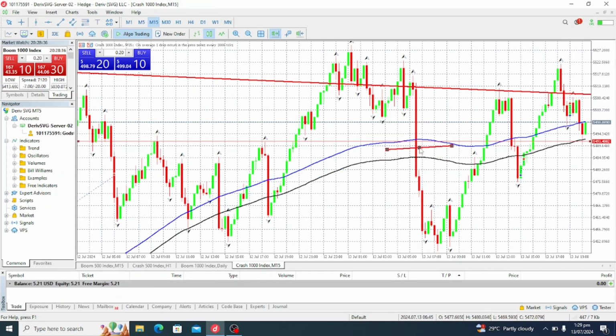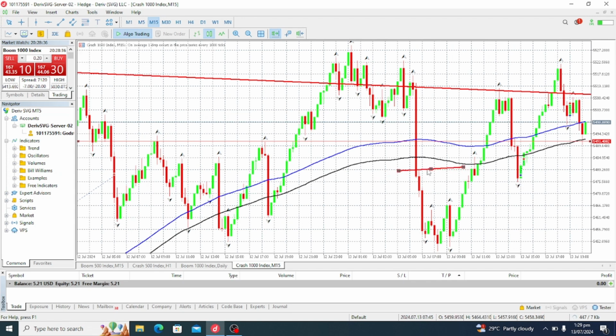For the bearish movement, after you've seen a close on the downside of the moving average, which is a 99 moving average, if you see a close on it, just simply take your trade here.